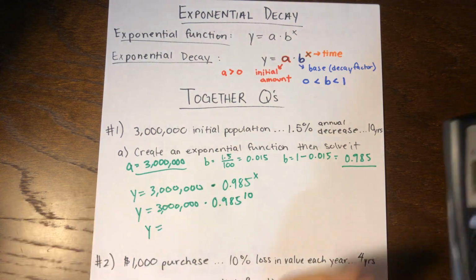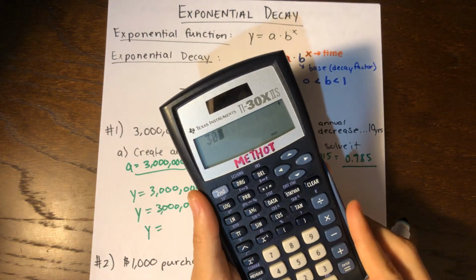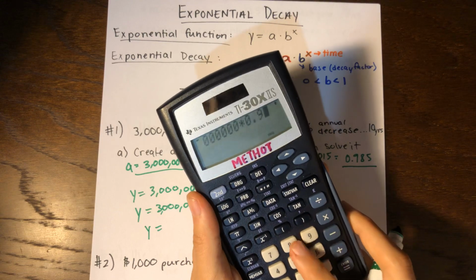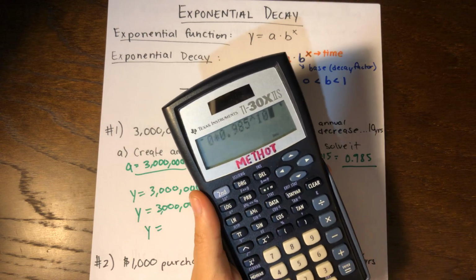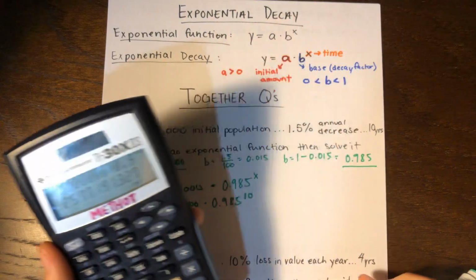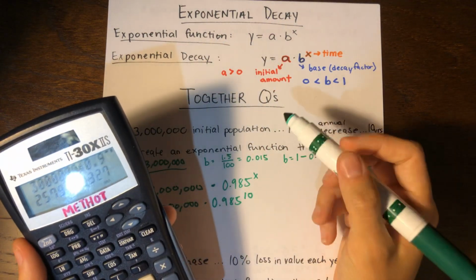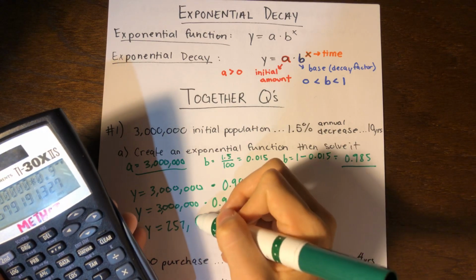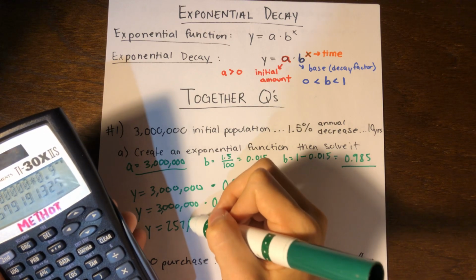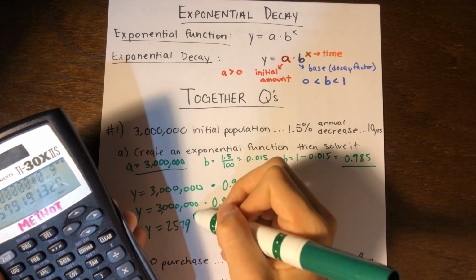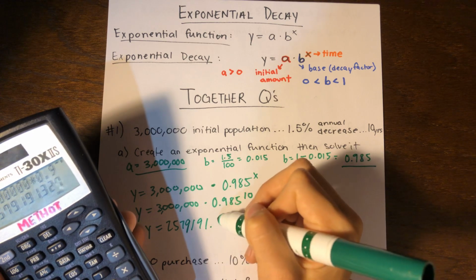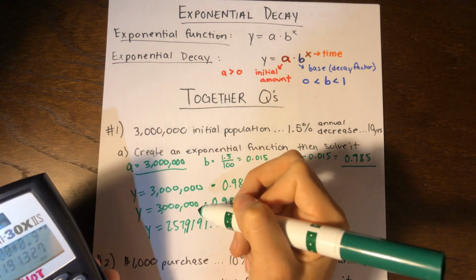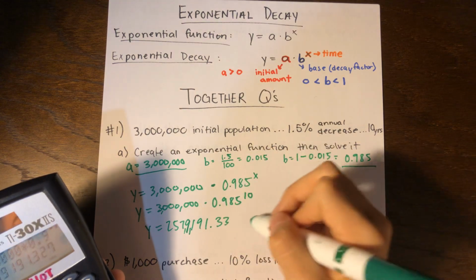You just solve. So I have 3 million times the 0.985 to the 10th power. I get 2,579,191, rounding our answer.